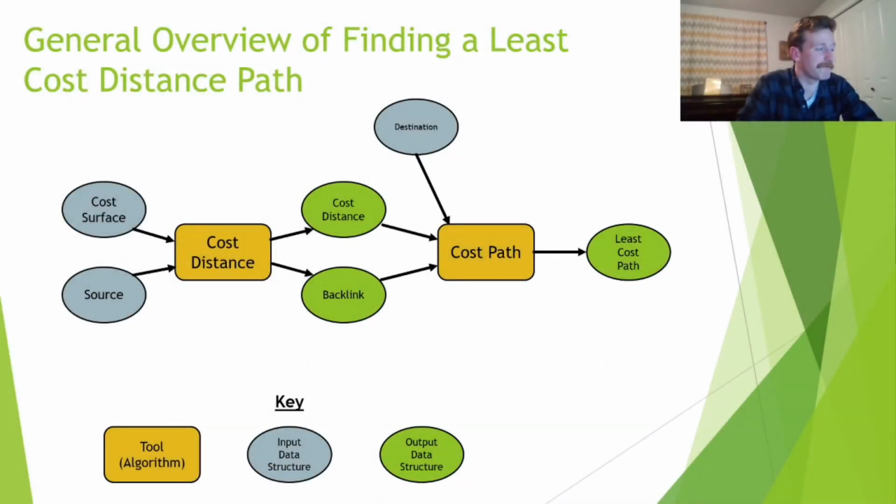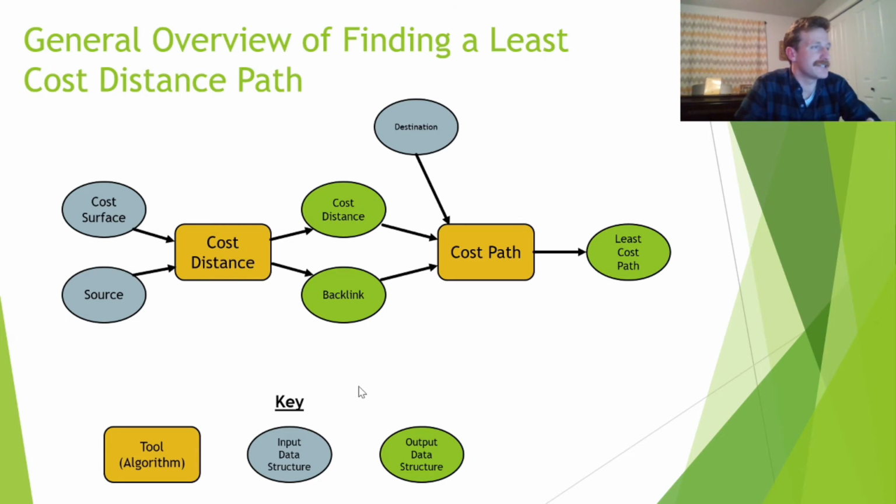All right, so we're finally at the point where we're going to talk about actually transforming input data into the output least cost path. Here we have just a simple model where we've got circles representing data structures and the yellow rectangles representing algorithms.